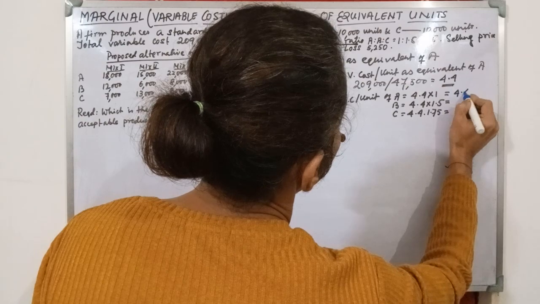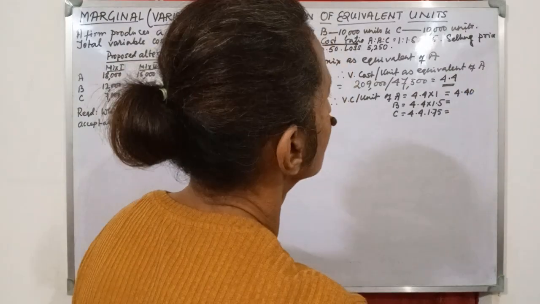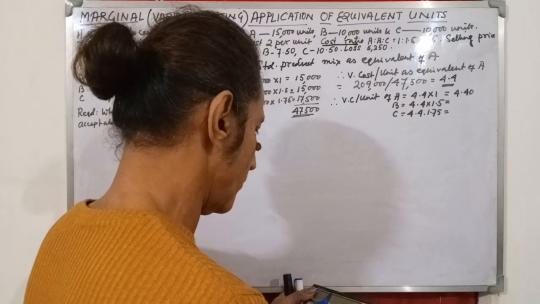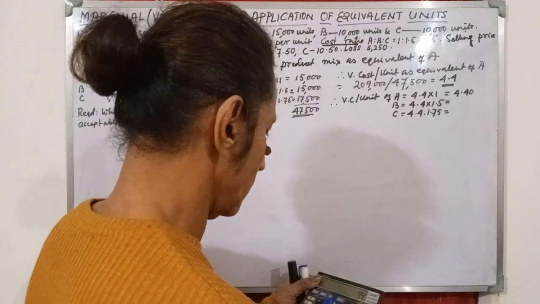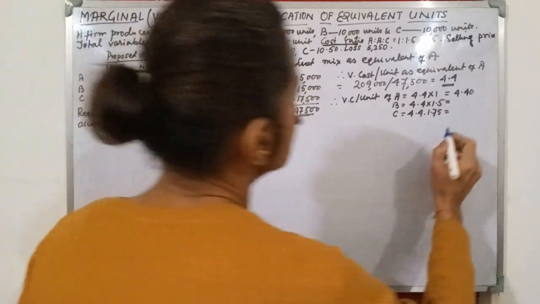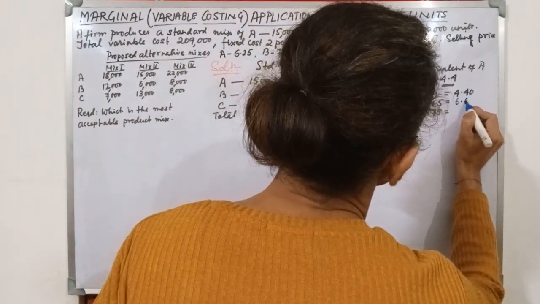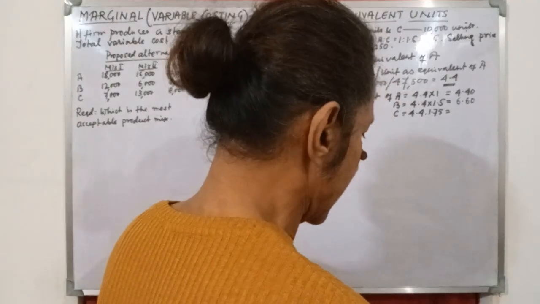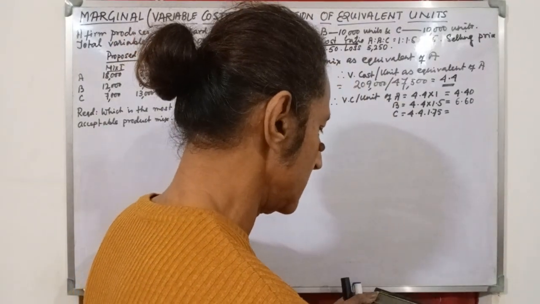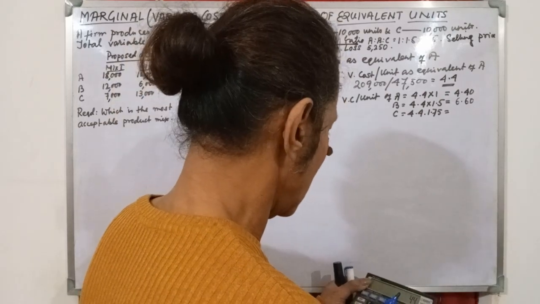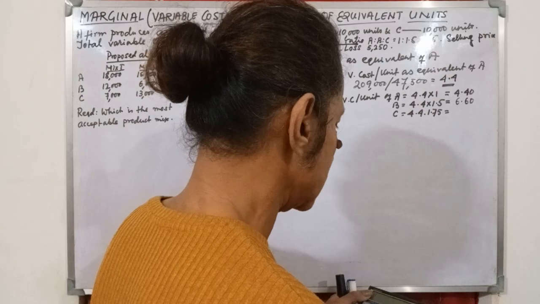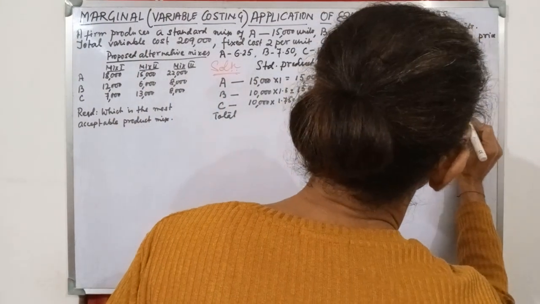So this is 4.40, and here 4.4 into 1.5, that is 6.60, and the variable cost per unit of C is 4.4 multiplied by 1.75, so we get 7.7.